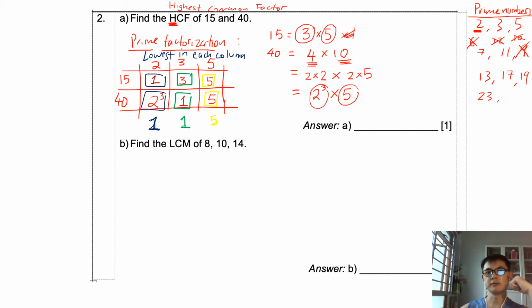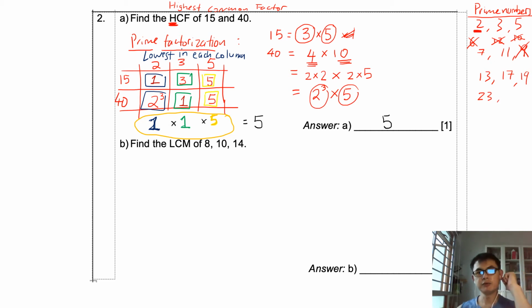In case you can't really see it, let me just put orange instead of yellow. It's 5. So the answer is taken by collecting these numbers. So 1 times 1 times 5, and that will be 5. So the answer is 5. All right, so that is part A for this.